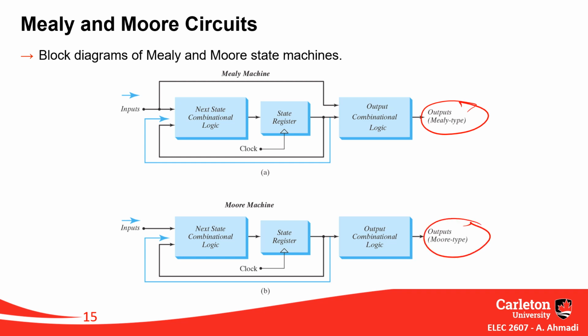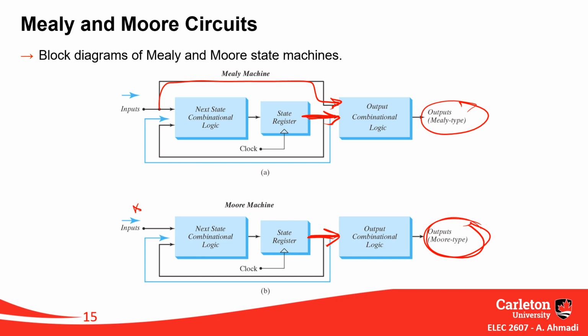In one of them, output is a function of current states plus inputs. In the other one, your output is only function of states. Well, be careful. It doesn't mean that your output doesn't follow input, but they're not connected directly.